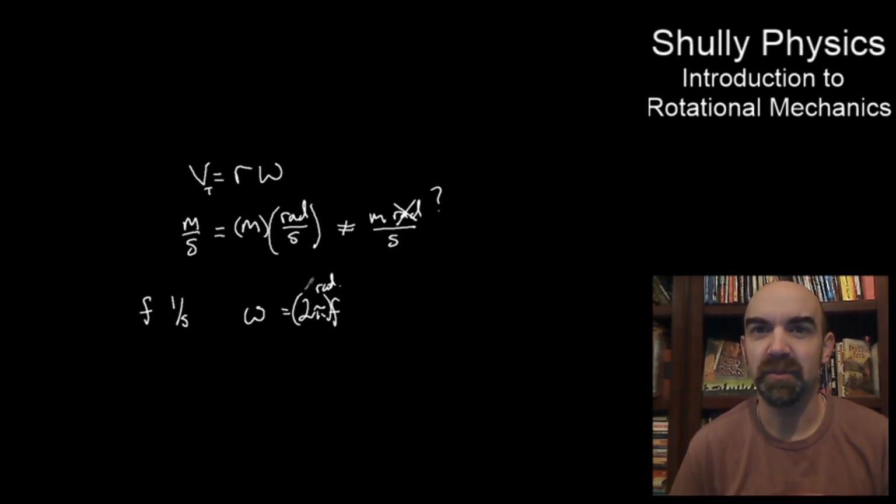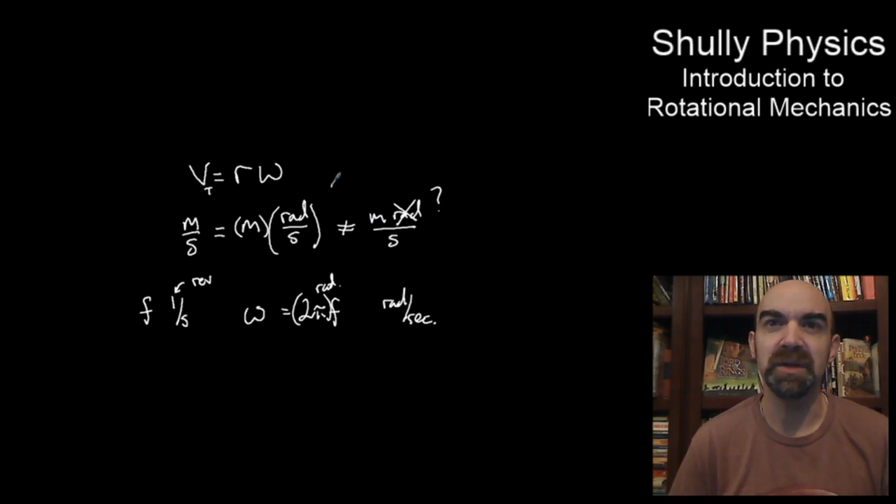So for omega, we got radians per second, because we're multiplying frequency by 2 pi. It's still a count, it's still a number. This little 1 here has revolutions or repetitions or cycles in it. It's still a count of something, but it's not a physical dimensional unit. So all we're doing here when we write radians per second is signifying this is an angular rate.